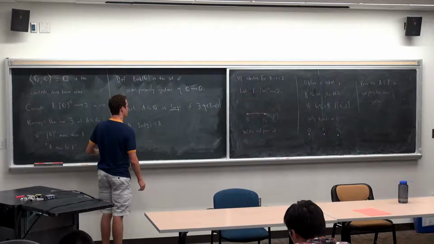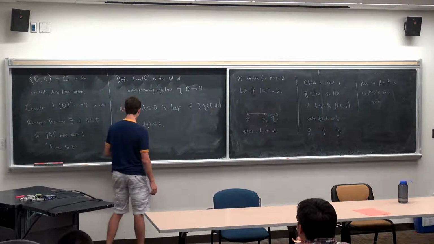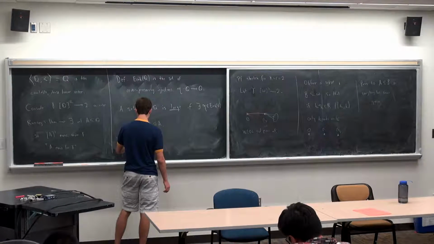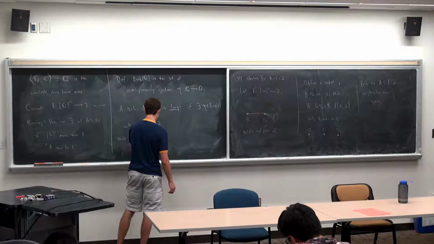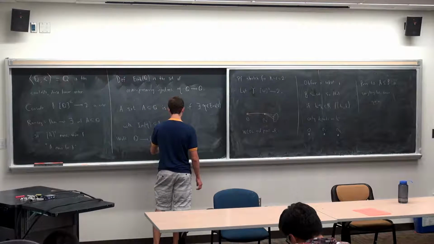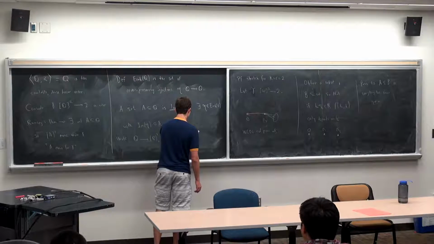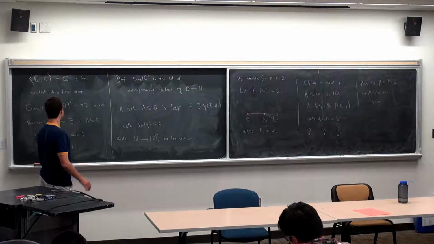So I'm going to write Q arrows Q to 2 for the statement. The notation is pretty suggestive.